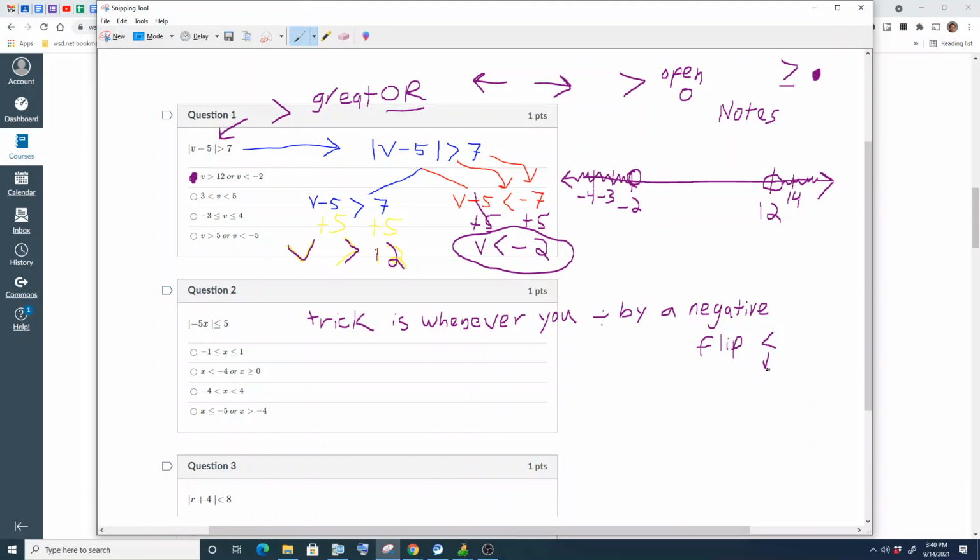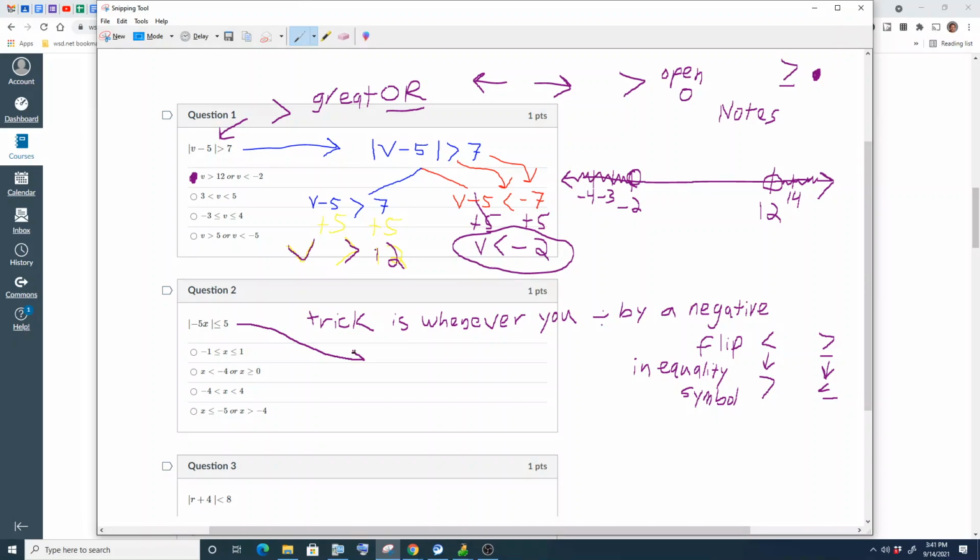So less than, for example, will become greater than. Or greater than or equal to will become less than or equal to. So you're going to basically flip the inequality symbol. There we go, flip the inequality symbol. And that's also a trick that you'll run into occasionally on this assignment.